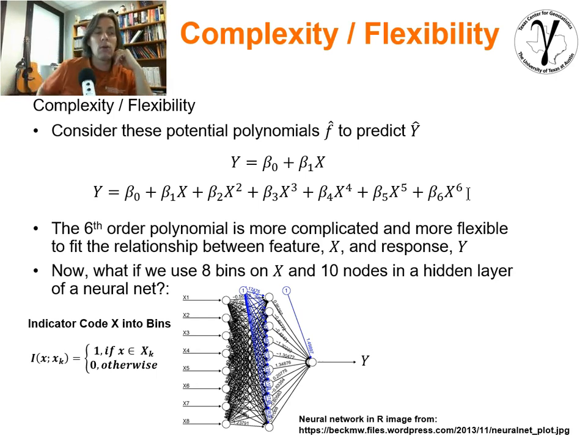Now let's think about what it would look like if we had, and we're jumping ahead here, we haven't really introduced the idea of neural nets yet, but imagine we have a neural net. So we have encoded the x with an indicator transform into zeros or ones based on which bin it falls into, very much like we would do with a histogram. We could just encode the data based on which bin it falls into, and then we could feed that through our neural net. A neural net will be composed of a variety of different nodes.